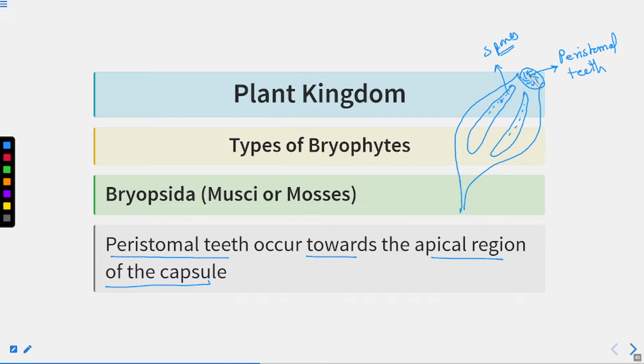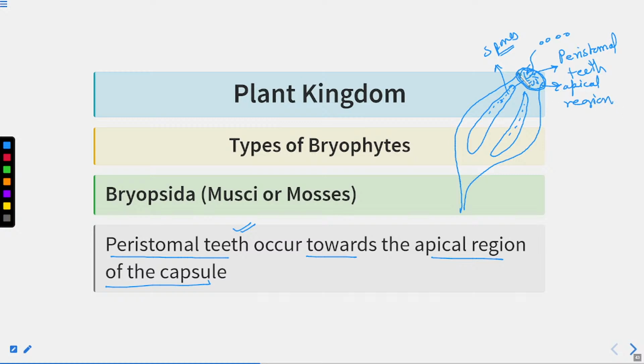So when the capsule dries up, these peristomal teeth open and it releases spores outside. So the peristomal teeth occur toward the apical region. You can see this is the apical region of the capsule.